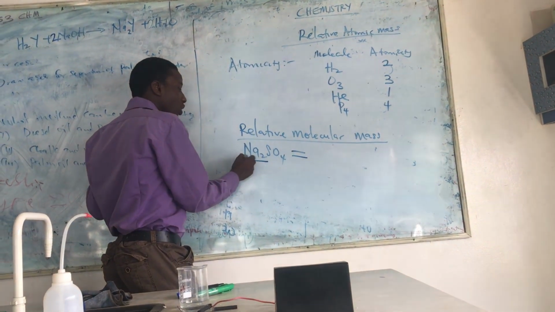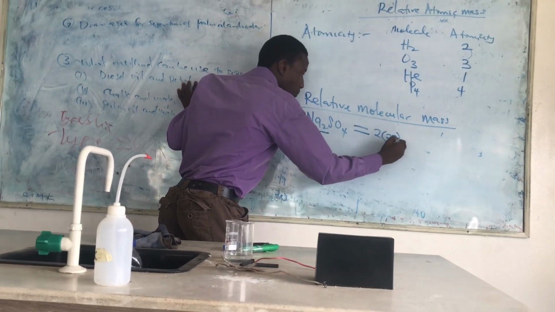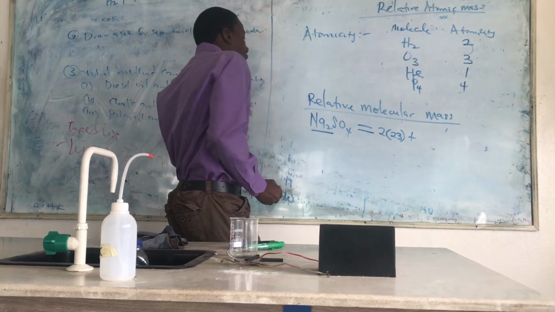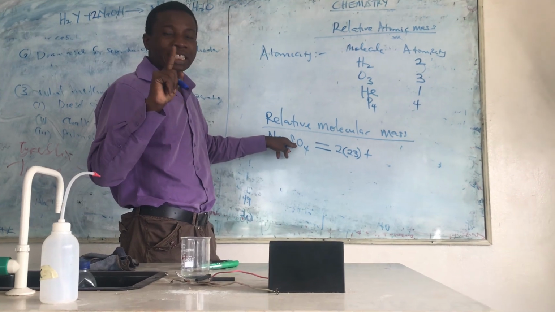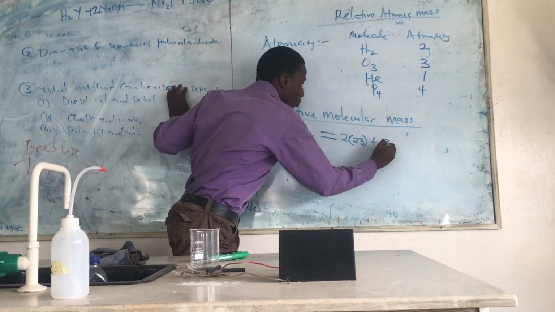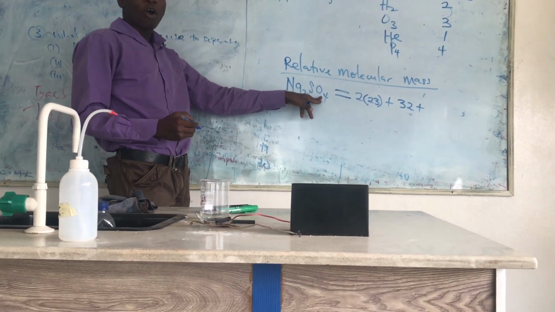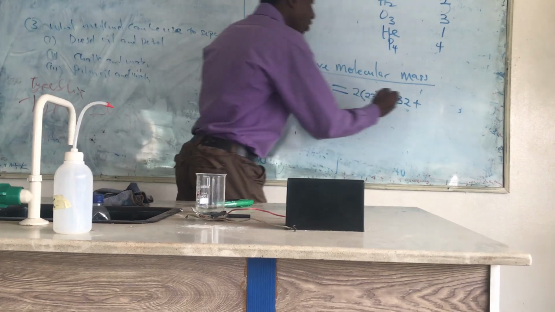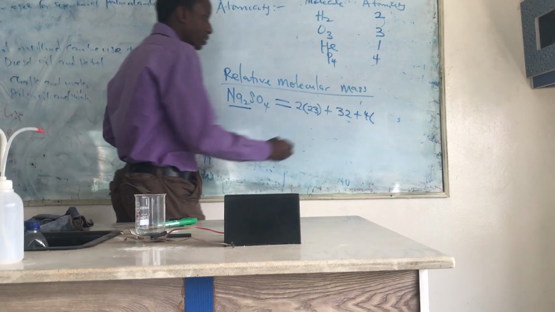How many sodium atoms are here? 2, so that is 2 times 23, plus sulfur, which is 32, plus 4 oxygen, so 4 times 16.